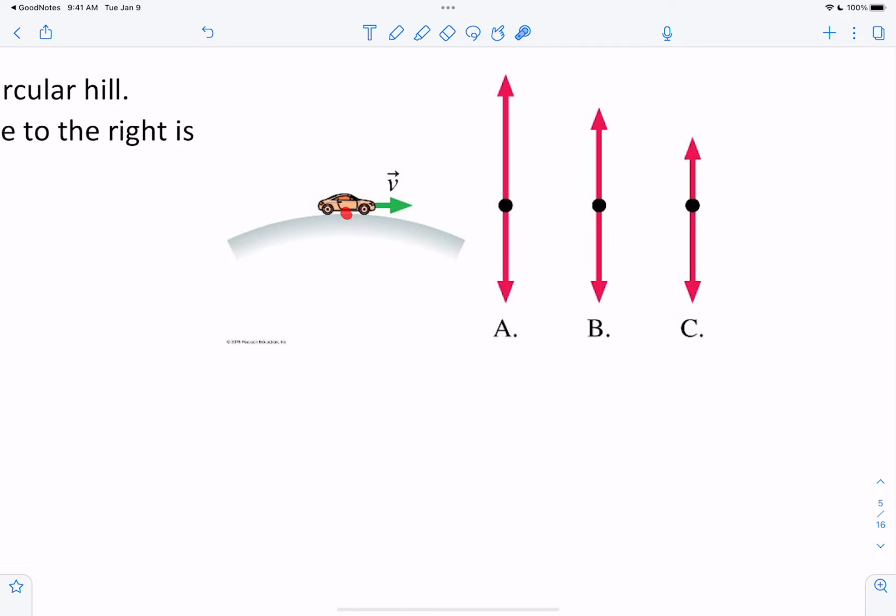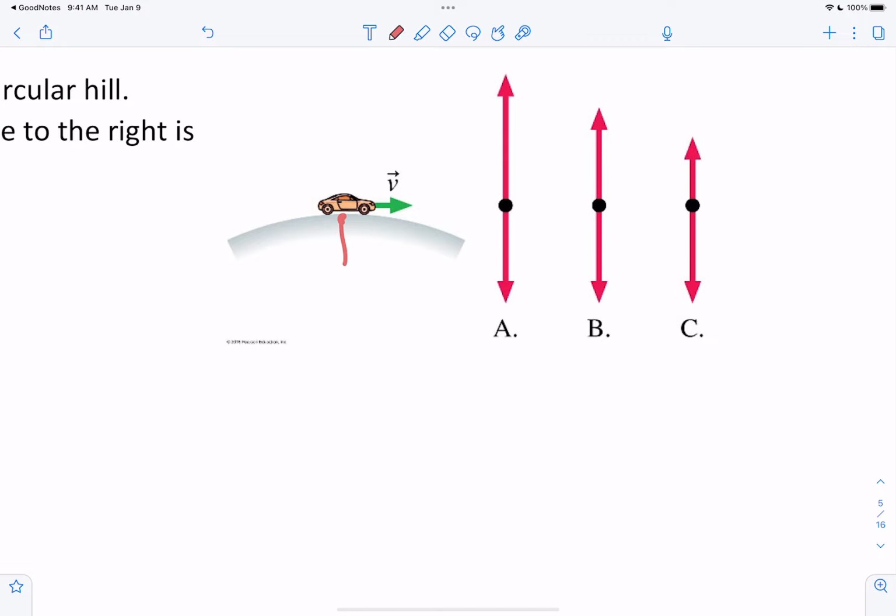If there's a circular pathway, we must have a centripetal acceleration and a centripetal force pointing towards the center of the circle. That is going to help keep us on that circular trajectory. So if we have a net force towards the middle, then that force must be larger than the other forces on the same axis.